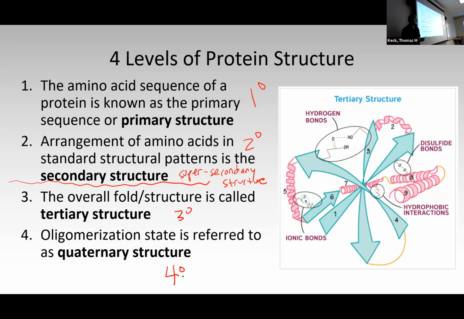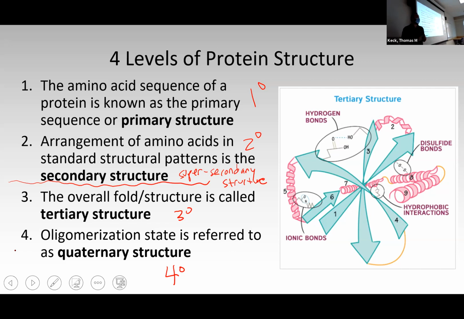The quaternary structure is the three-dimensional arrangement of multiple proteins. Sometimes those are called protein subunits, even though they're each individual proteins with their own genes and their own synthetic processes, but they're subunits of a larger mass that has its own job.